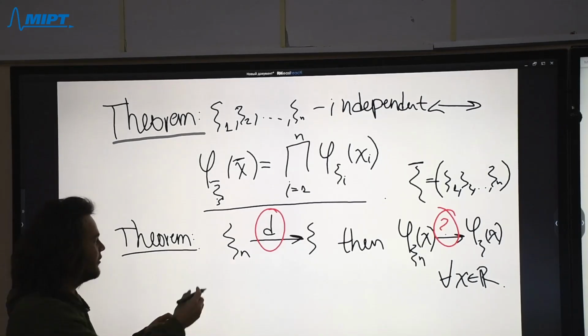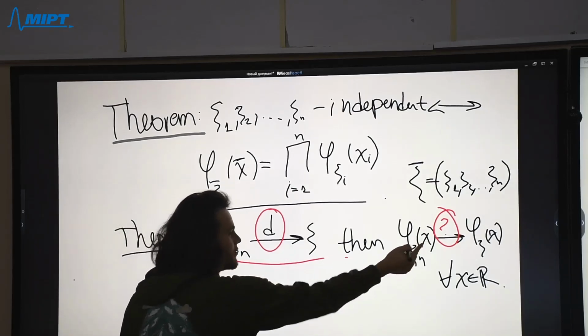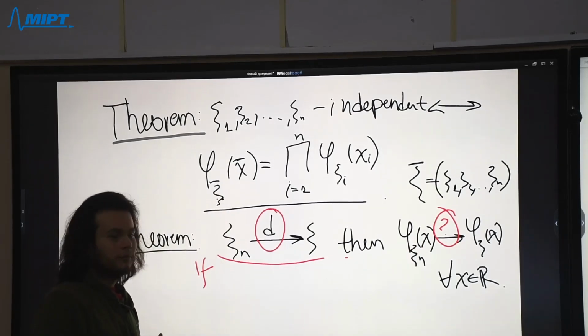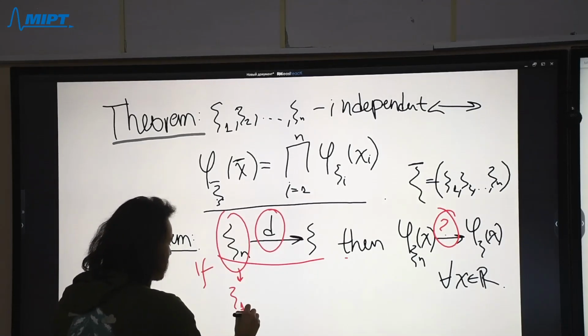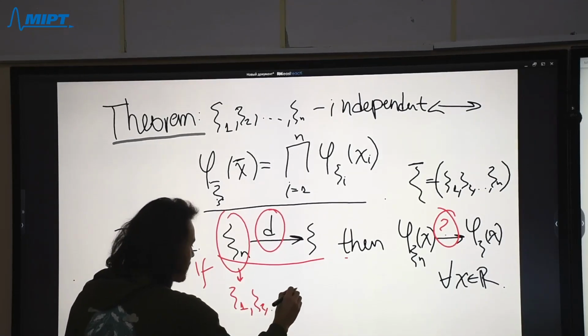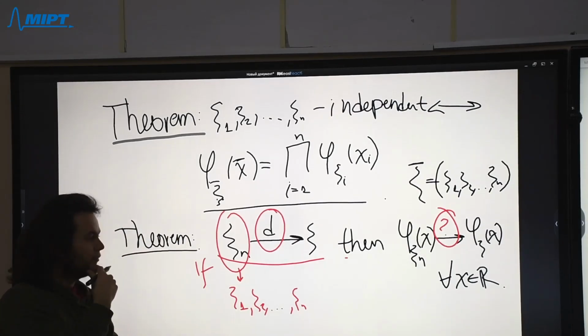This is what is going on. So if this, then this. This is a sequence psi1, psi2, psi n, some random variable psi.